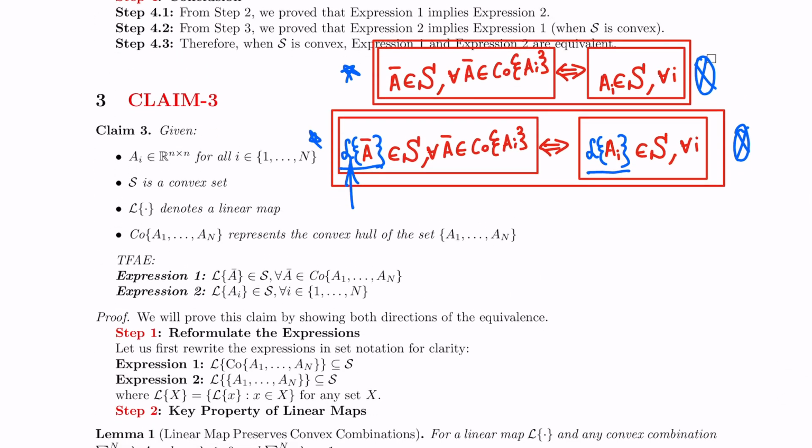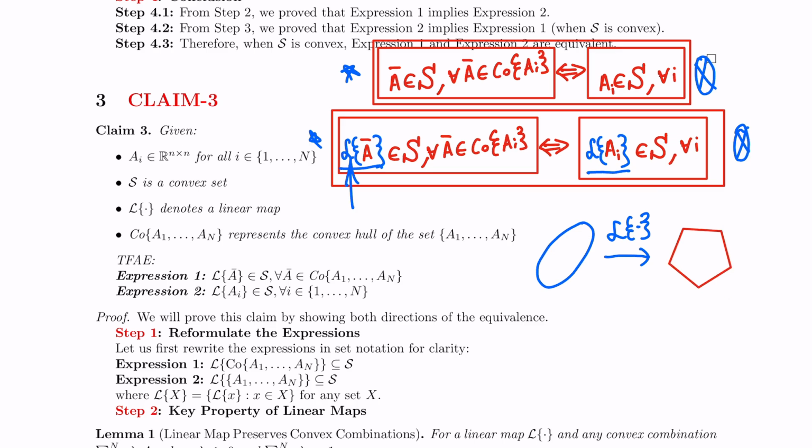Okay. Another important thing to mention is that when you have a convex set, and you take the linear map of it, okay, I'm gonna do a crazy thing. I don't know what type of abstract space this is, but wait a sec.